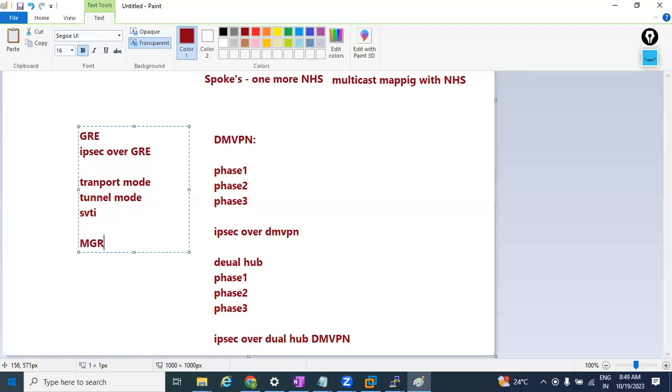After that, MGRE, then IPsec over MGRE. In MGRE also you have to try transport mode, and you have to try SVTI. So in DMVPN also, when you configure IPsec, you can try transport mode and SVTI.